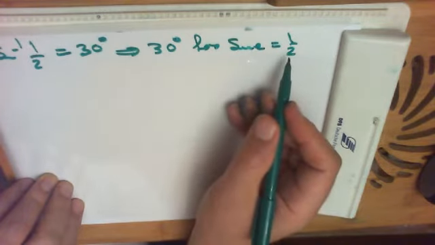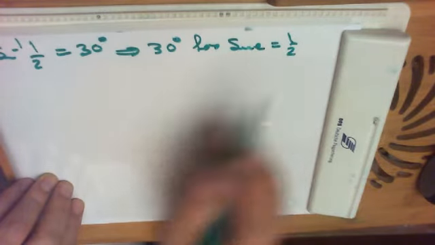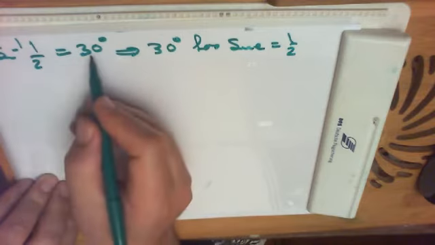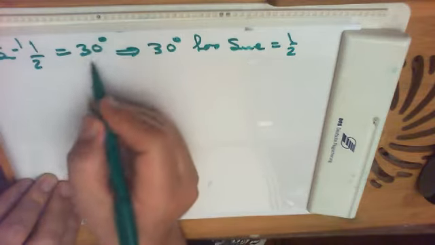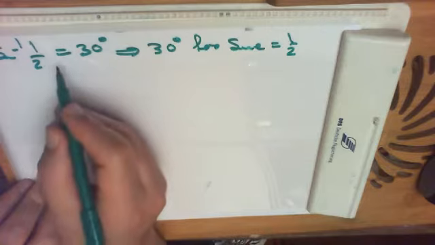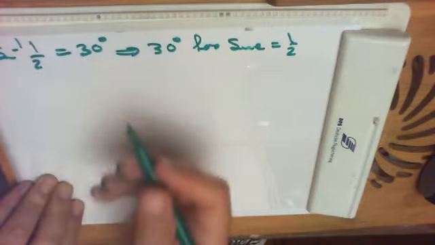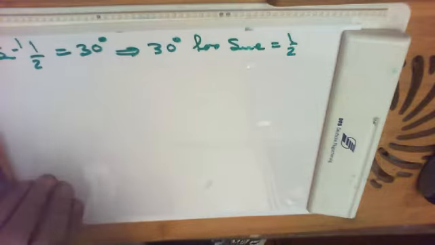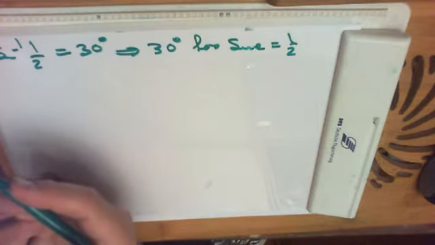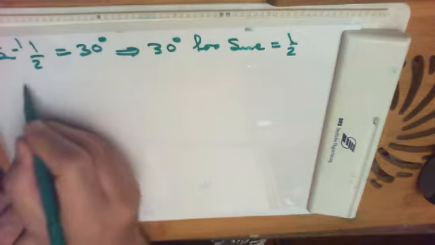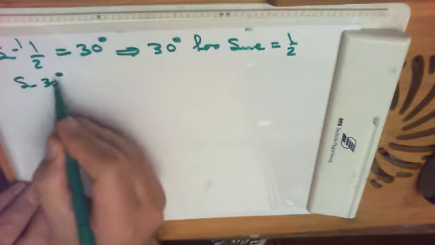Sine minus 1 of half equals 30 degrees means that the angle 30 degrees is the angle of which its sine is half. Or sine 30 equals half.